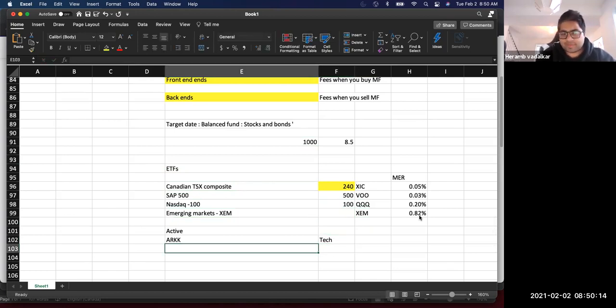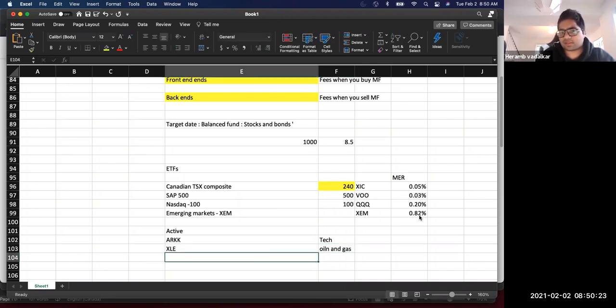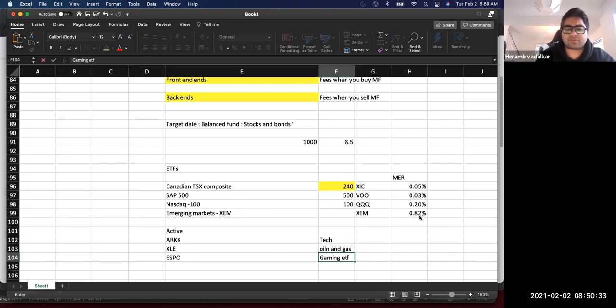Then there are sector based ETFs like XLE, that is an oil and gas ETF. You can even look at some specialized ETFs like ESPO, that is a gaming ETF. All of this, like active or sector specific ETFs, generally have higher management expense ratios.